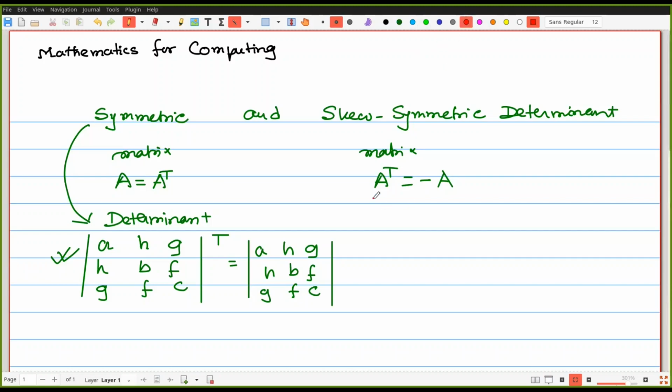And for the skew symmetric determinant, suppose we have a determinant like 0, H, G, minus H, 0, F, and minus G, minus F, 0. Suppose we proceed by first transposing it.